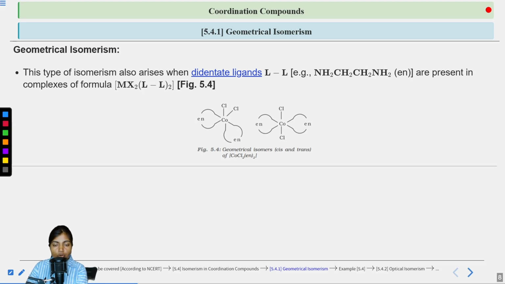Similarly, when the two chlorines are placed opposite to each other, and in the same way the two en didentate ligand molecules are placed opposite to each other, then you obtain the trans form. So in this type of complex MX2(LL)2, where LL is a didentate ligand, geometrical isomerism can also be shown in the cis and trans form.